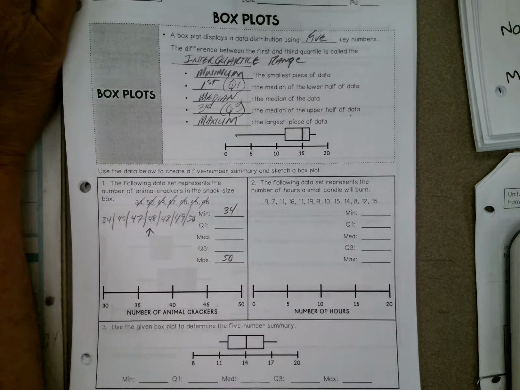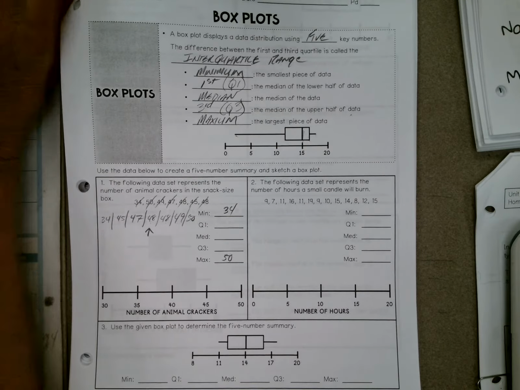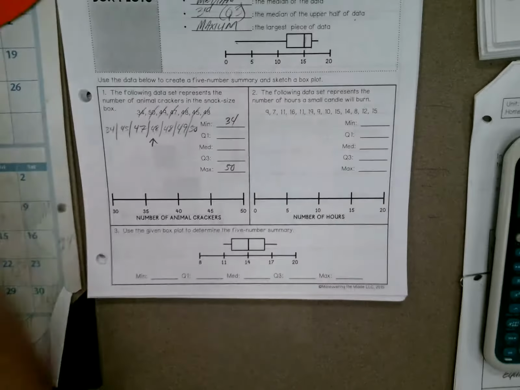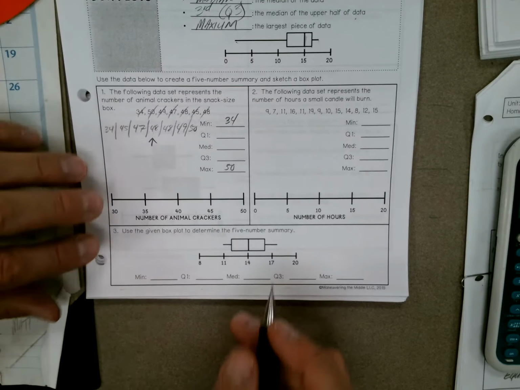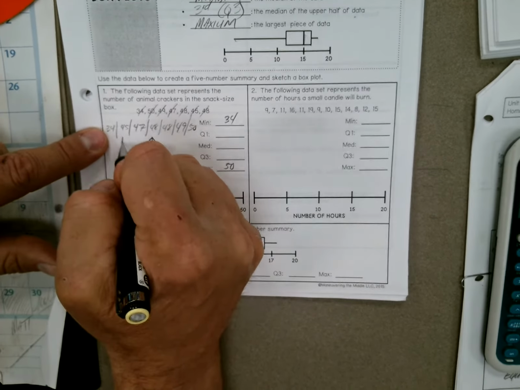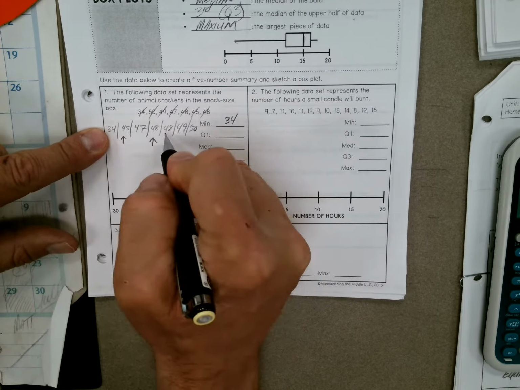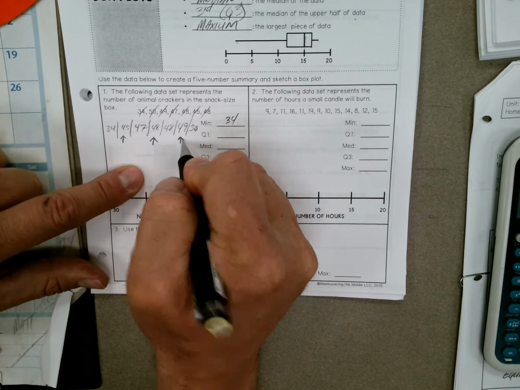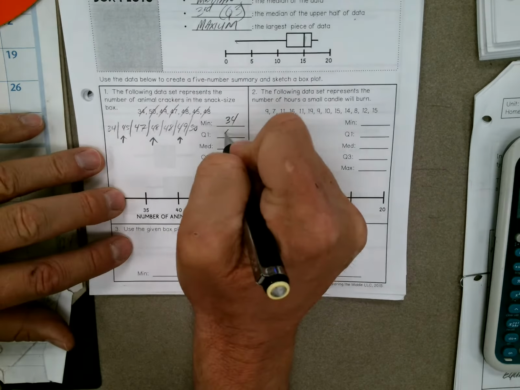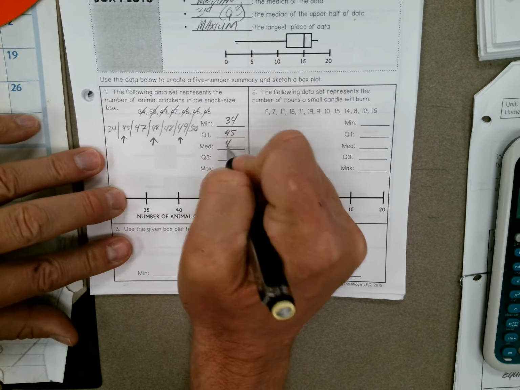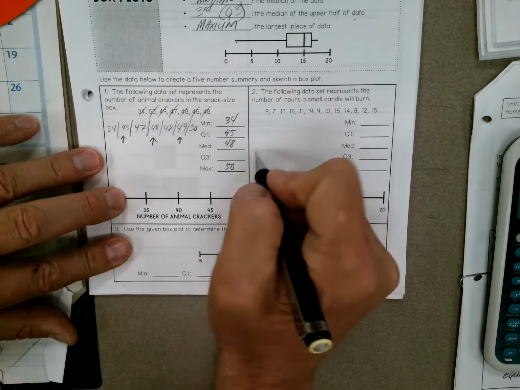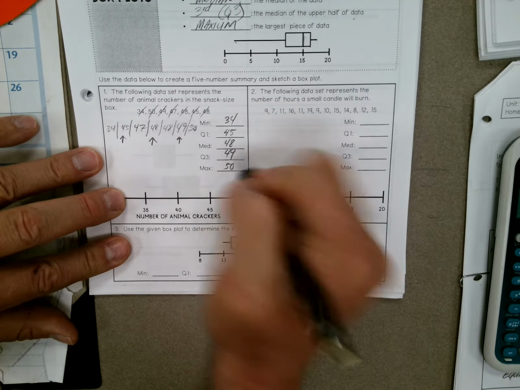Now, I better make sure that you can see all this. Okay, and you can, so let me pull that up just a tad. There we are. Then I'm going to find the first quartile, which is here, and the third quartile, which is there. So let's write this in: 45, 48, and 49.